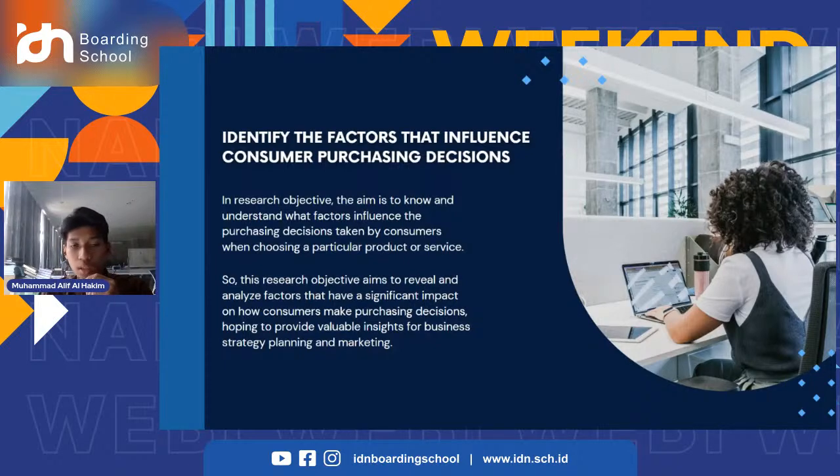So, this research objective aims to refine and analyze factors that have a significant impact on how consumers make purchasing decisions, hoping to provide valuable insight for business strategy planning and marketing.